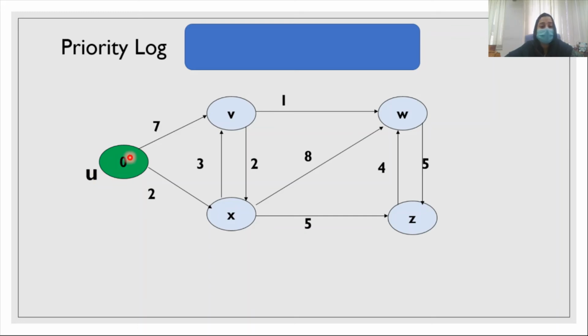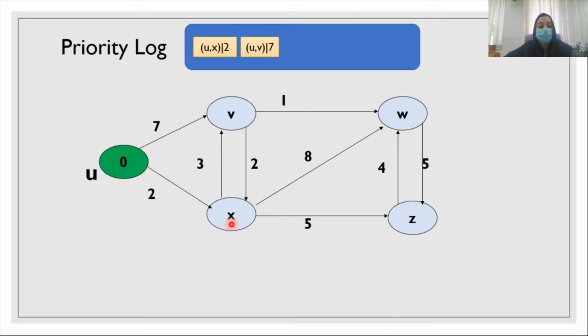Now we will see all the vertices that are connected to U via some edge leading from U. So we have two edges, one is 7 and the other one is 2 leading to X. Because it's a priority queue, we will get the one which has the shortest distance, because it's a greedy algorithm, so it will always incline towards the shortest one. So we have our shortest one which is 2.